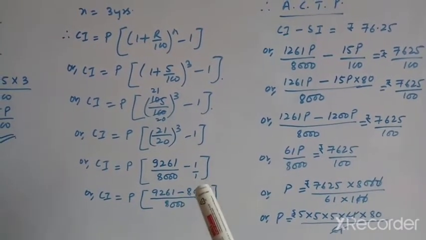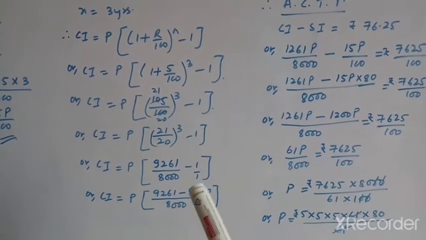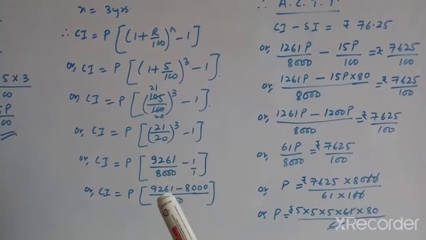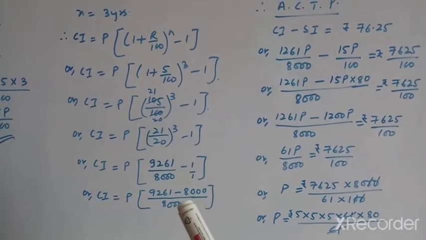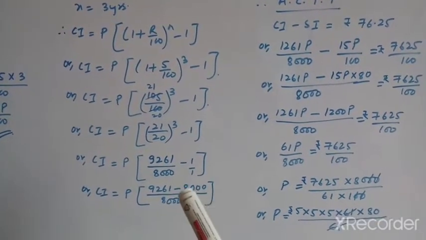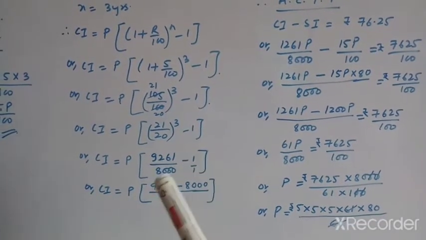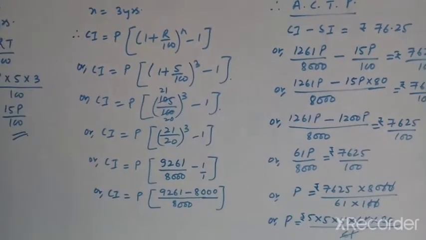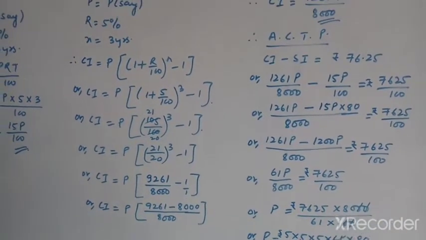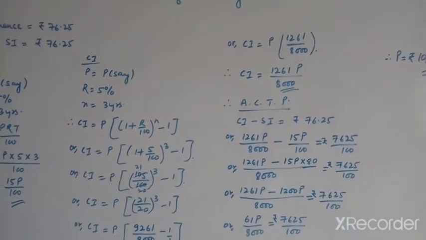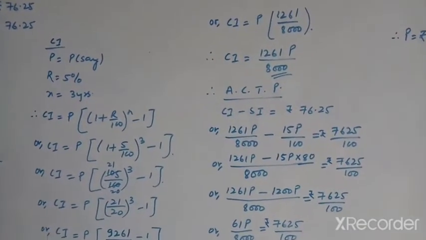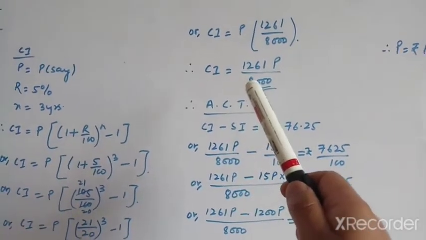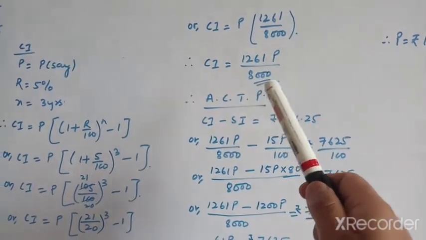So the LCM will be 8000. 8000 divided by 8000 is 1, so 9261, and 8000 divided by 1 is 8000. Or you may simply cross multiply. So you get (9261 minus 8000) by 8000, which is equal to 1261. Therefore compound interest we are getting as 1261P by 8000.